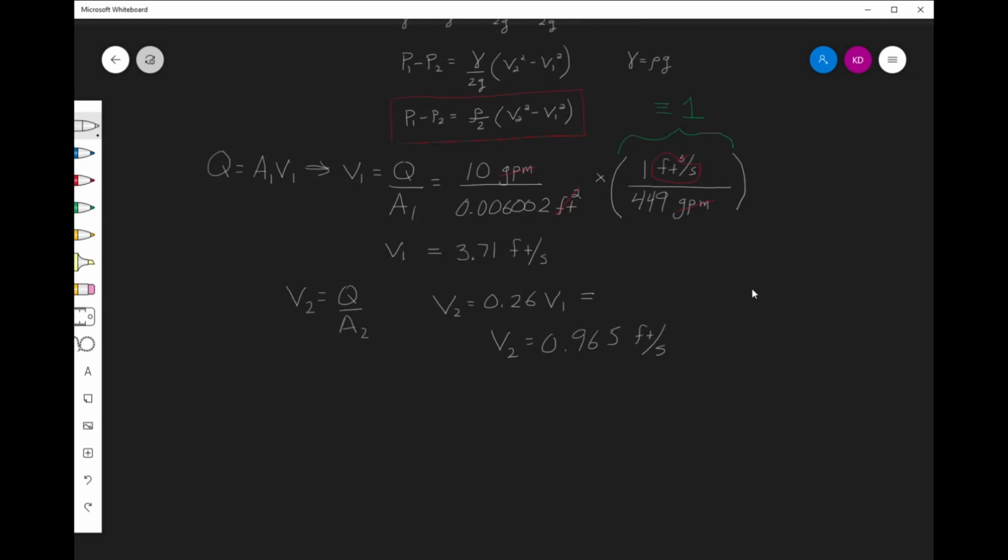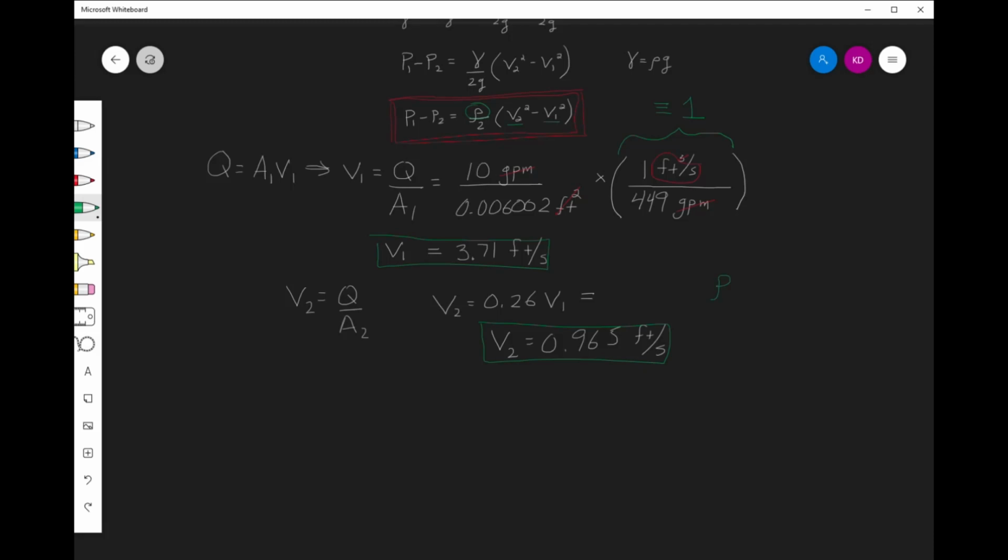I have all the values I need to go back and plug into Bernoulli's equation to solve for the pressure difference. I have the velocity at 1, which I just calculated. The velocity at point 2, I calculated here. The density of water, rho, let me just write that down.